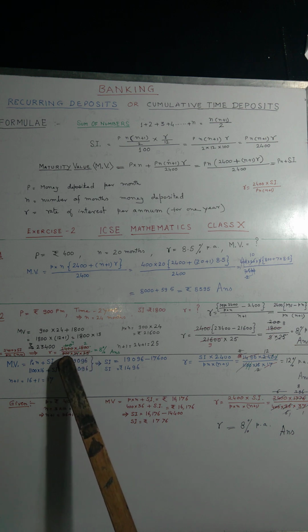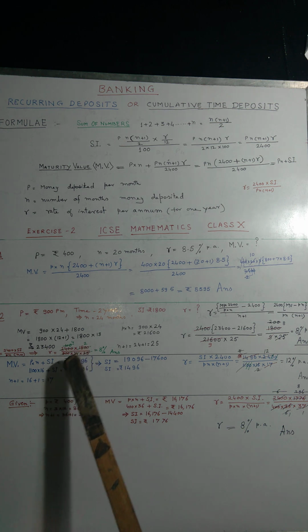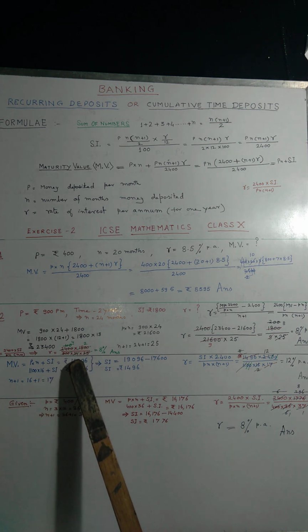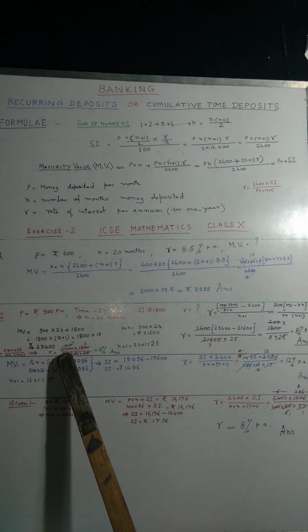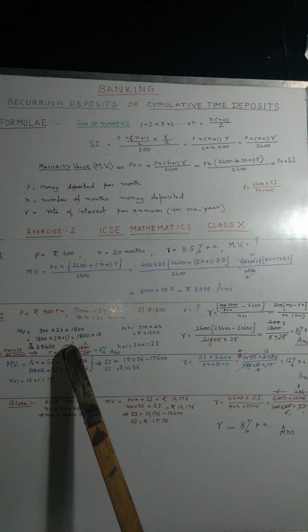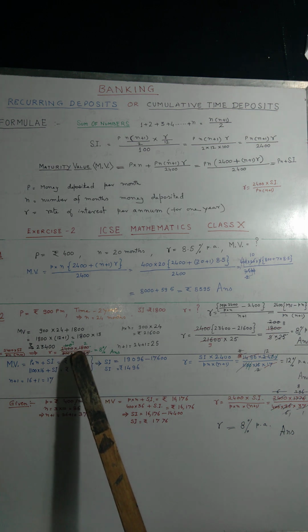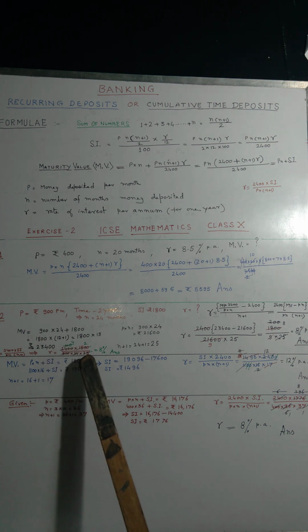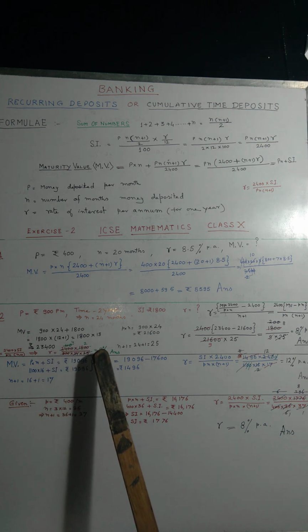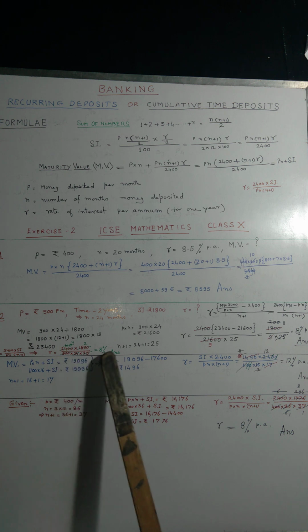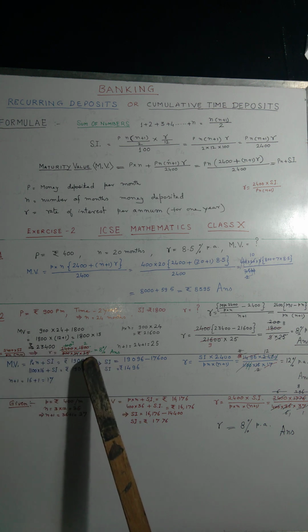So you just cut it with the help of 900 and 1800: 2 you will get 24. Cut the 2400, it will be equal to 100. Now 25 into 4 is 100, so 4 into 2 is 8%. This will be the very simplest formula.